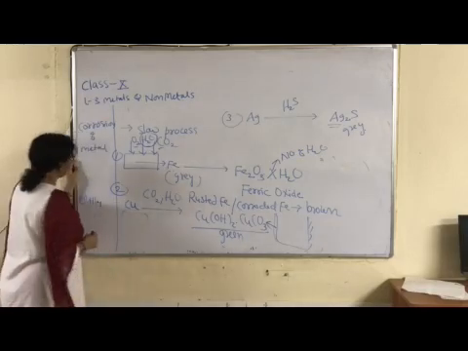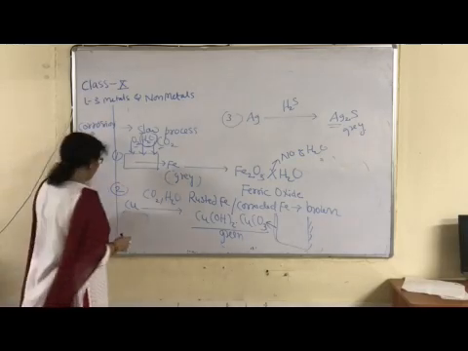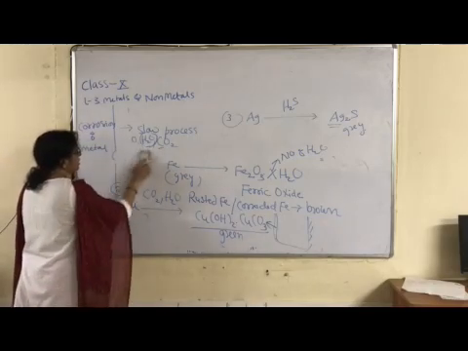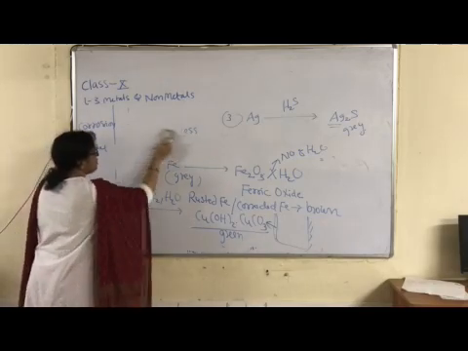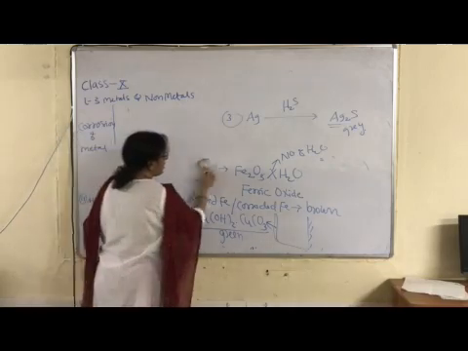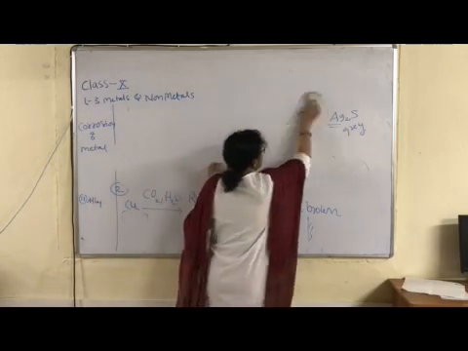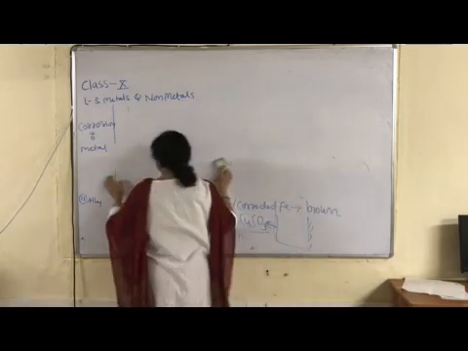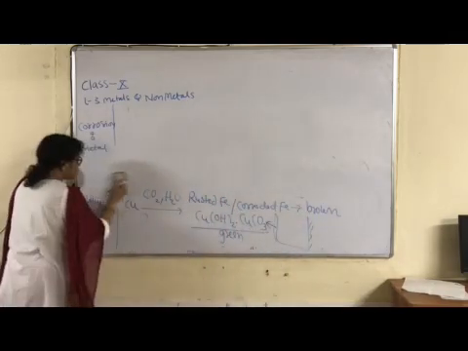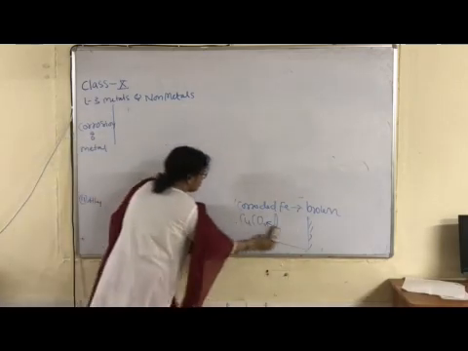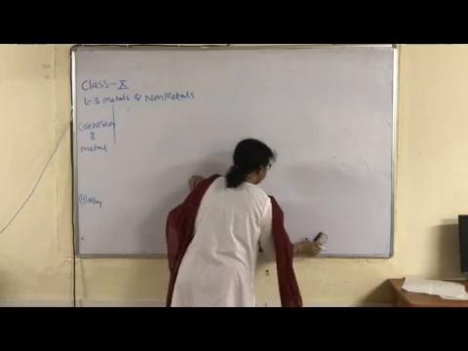Okay, children? Now let's do prevention. How to protect from this corrosion? Old methods, you know, are greasing, oiling, painting, and the modern method is galvanization, electroplating. Right? What is galvanization?